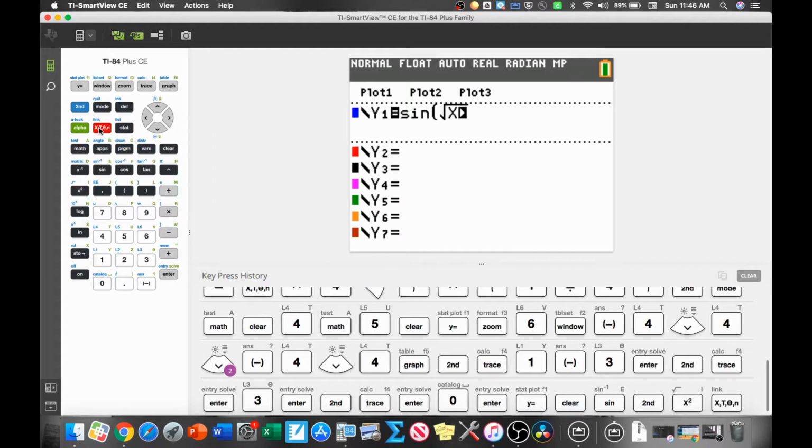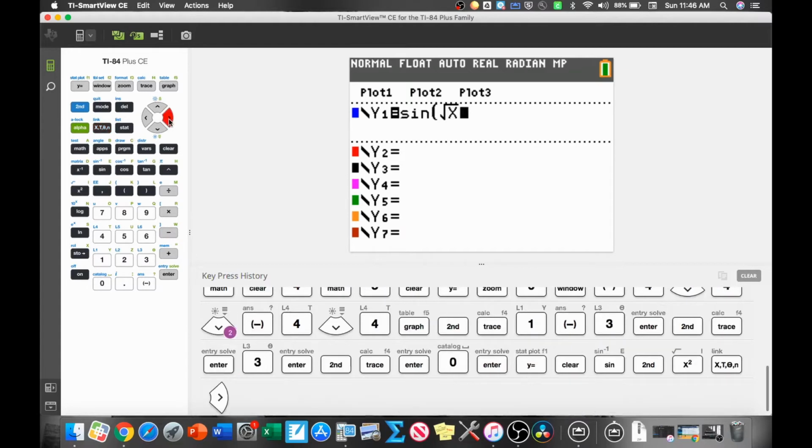And then I have to put in my variable of x. Okay, now be careful. My cursor is still underneath my square root. So if I close the parenthesis right now, it's going to give me a syntax error because technically the parenthesis would be under the radical. So I have to arrow out of that radical. You can see now my cursor is beyond the root. And now I have to close that parenthesis before I can take a look at the graph.